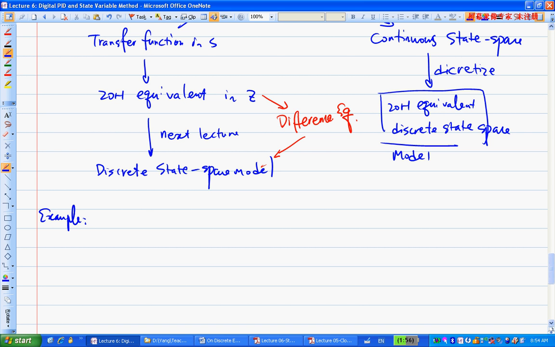Let's say I have a system in here. Let me give you a transfer function maybe.